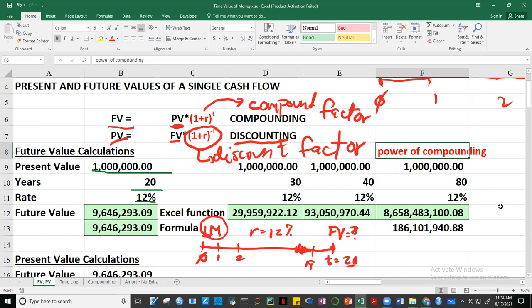So wag na muna kayo bumili ng, kasi what's an investment? An investment is putting your money in a place where you forego the benefit of the present in order to gain in the future. Yun technical ang ibig sabihin ng investment, guys. So instead of buying that latest na Samsung Note o Samsung S whatever, no?